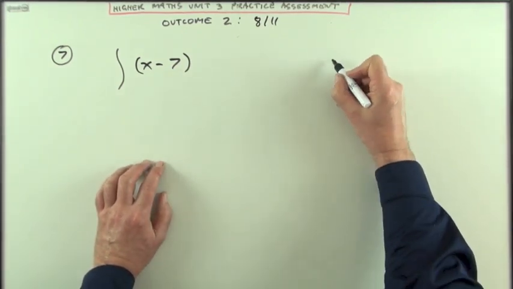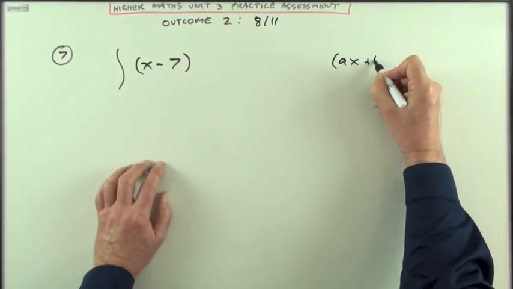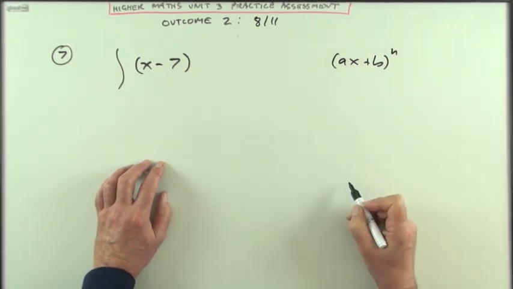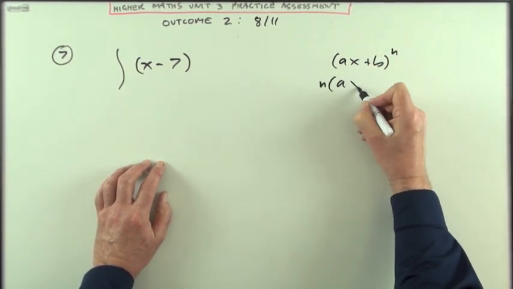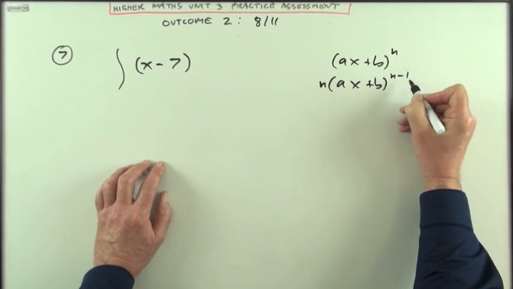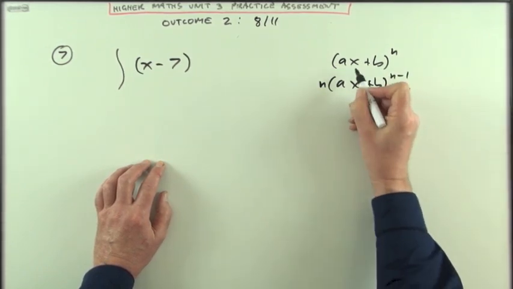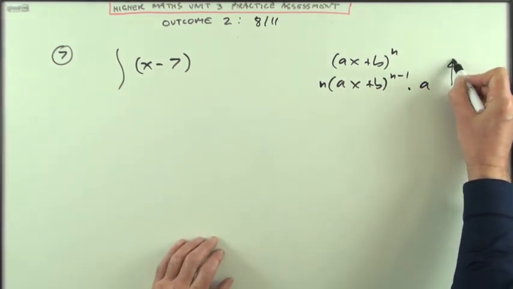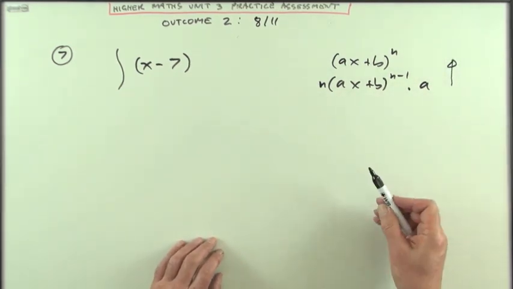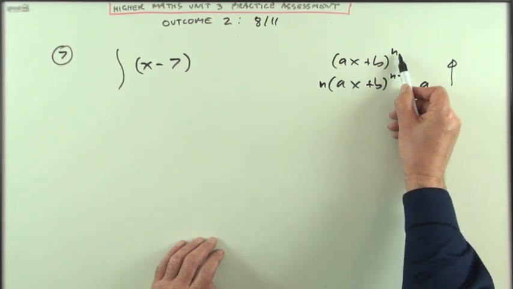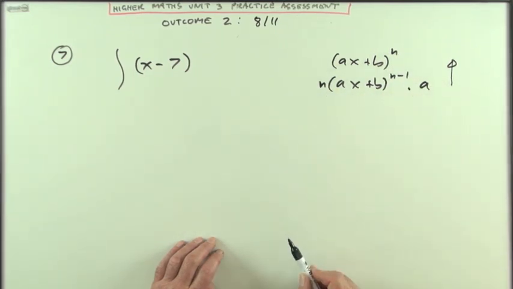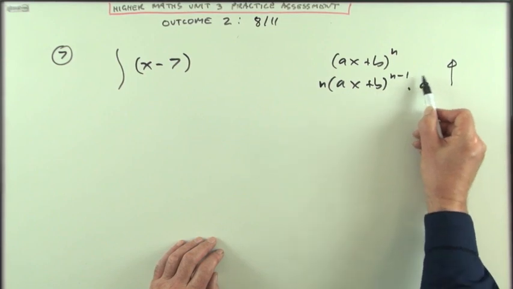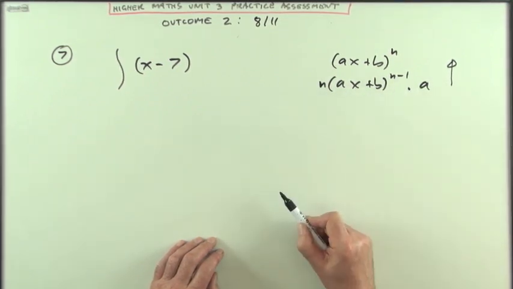If you differentiate some linear function, let's just take the general case, then that would be multiply by the power, take 1 off the power, and then multiply by the derivative inside, which is just a number a. So that if I wish to reverse that process, then it would be add 1 to the power and divide by that power, and then divide by this, so the opposite each time.